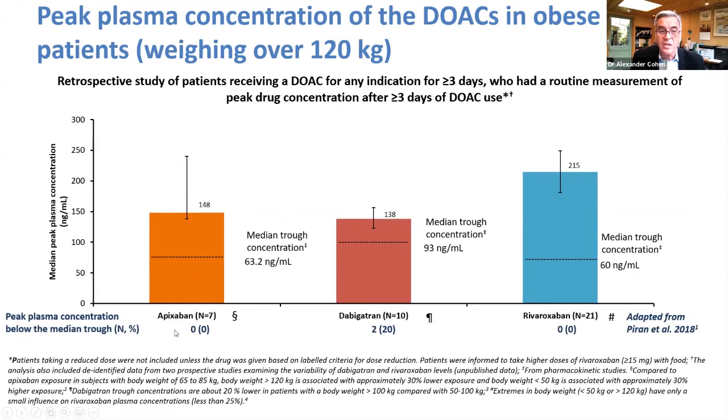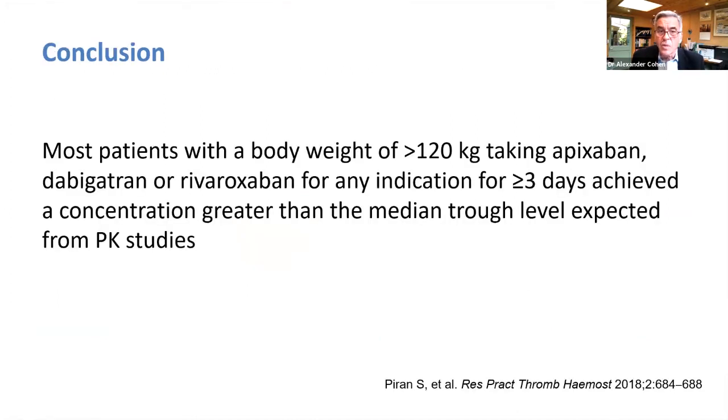In fact, none of the patients on apixaban or rivaroxaban had plasma peak concentrations below the median troughs, which are shown in the dotted lines. So they concluded most patients with a body weight over 120 kilograms taking apixaban, dabigatran, or rivaroxaban for over 3 days had achieved concentrations greater than the median trough level expected from PK studies. So still no change in the guidelines.